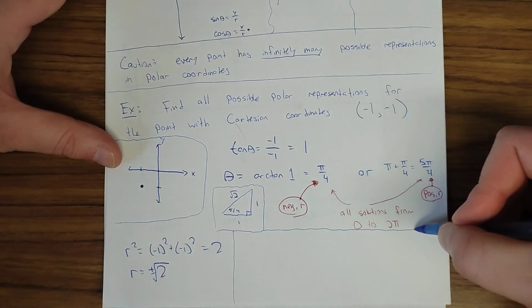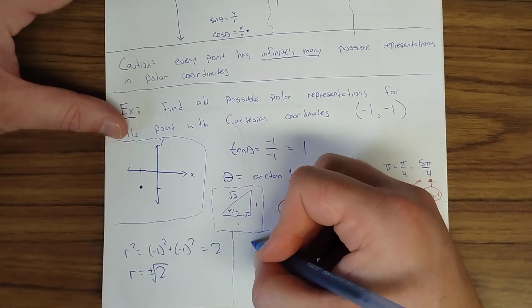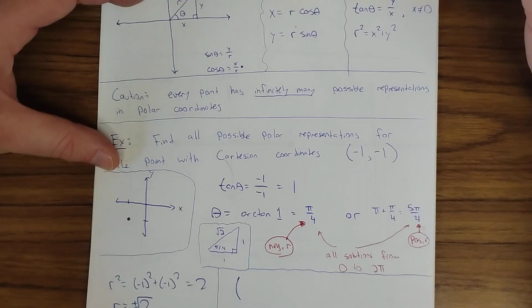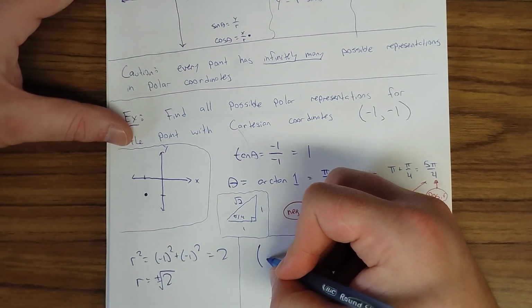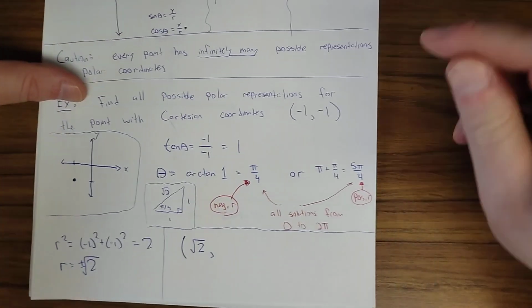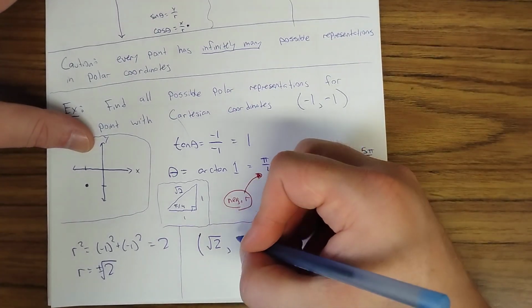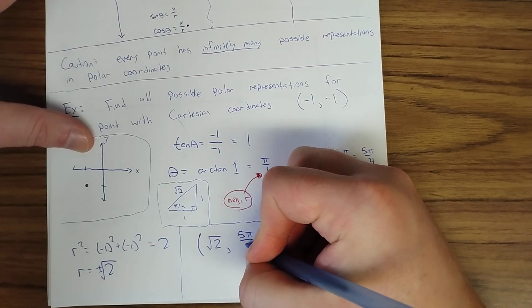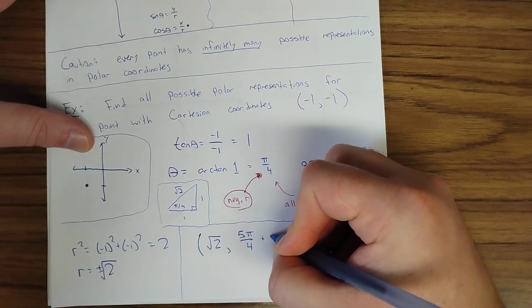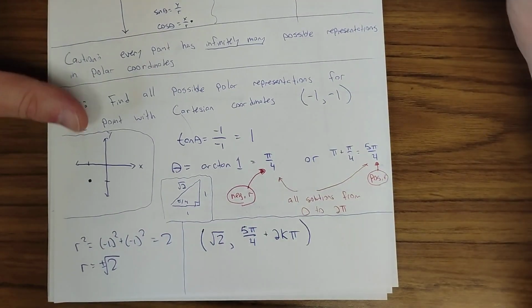All right, let's just write our answer because I think we're good. It goes r first and then theta. So r could be positive root 2, and I'll pick the value of theta that goes with a positive r, plus any multiple of 2 pi, of course.